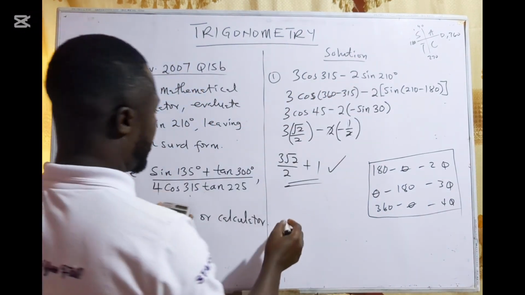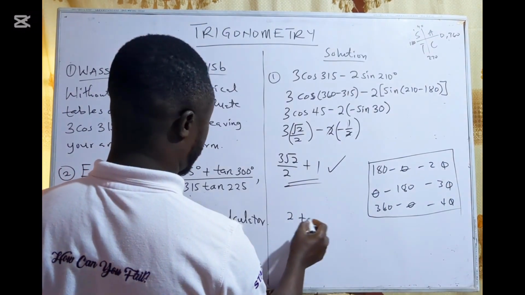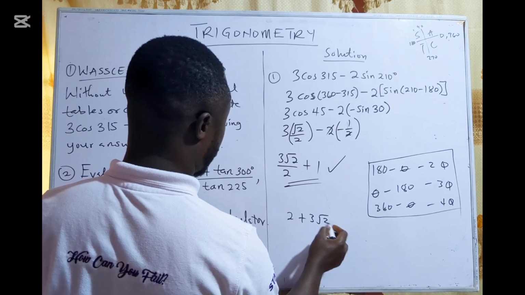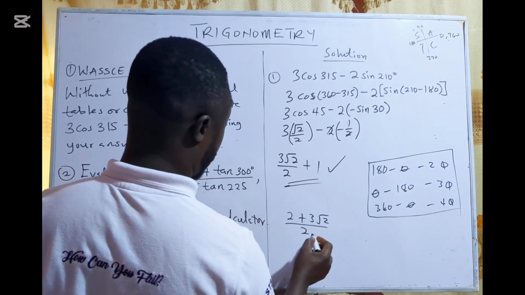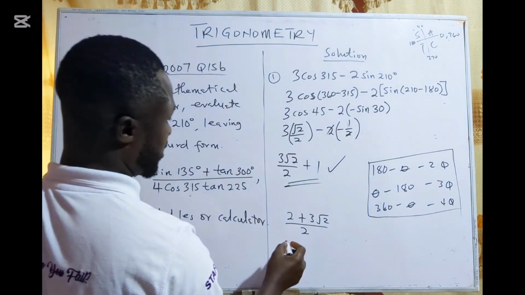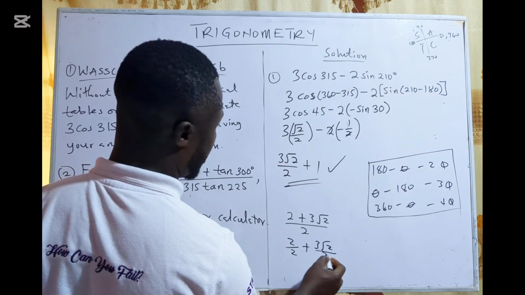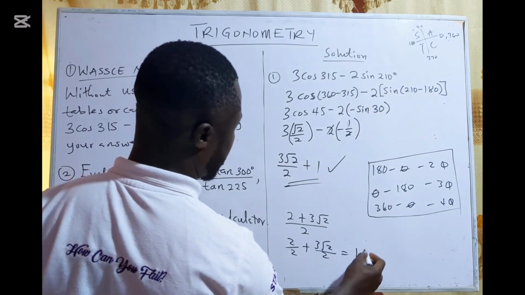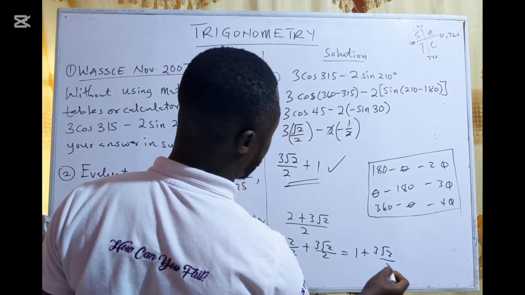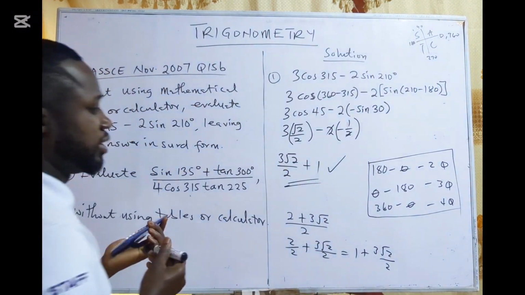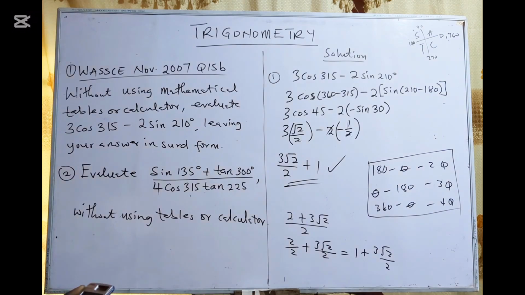Depending on how your calculator gives the answer, it is like this. This is the same as this, because this is 2 over 2 plus 3 root 2 also over 2, and 2 over 2 is 1, plus 3 root 2 on 2. So it's the same thing as we have here. Is that okay? Let's move on to the next question.